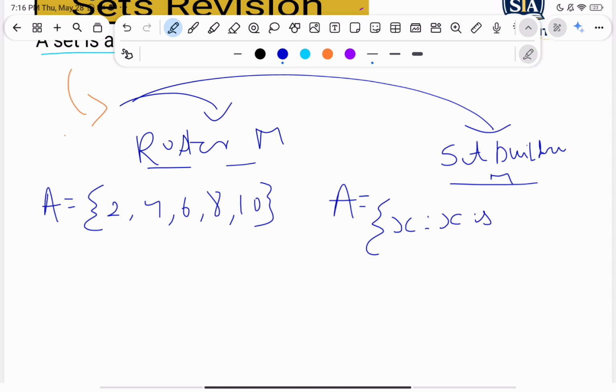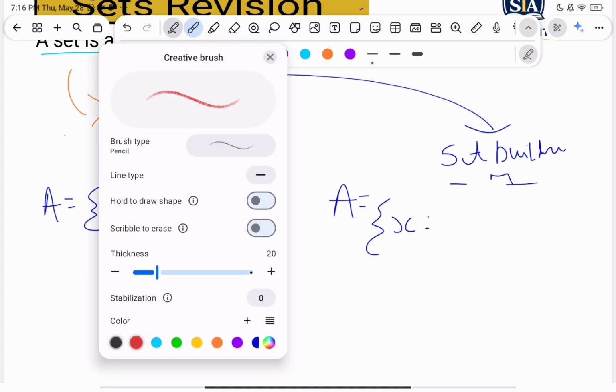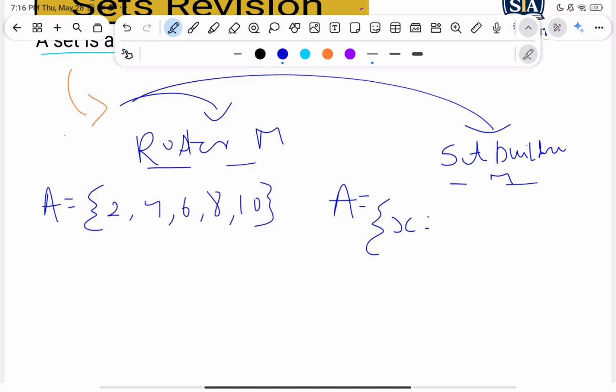is a multiple of 2. Multiple of 2 means I can write x is equals to 2n. Okay, x is such that x is equals to 2n, and n is less than or equal to 5, comma, again we have to take comma, n belongs to natural numbers.